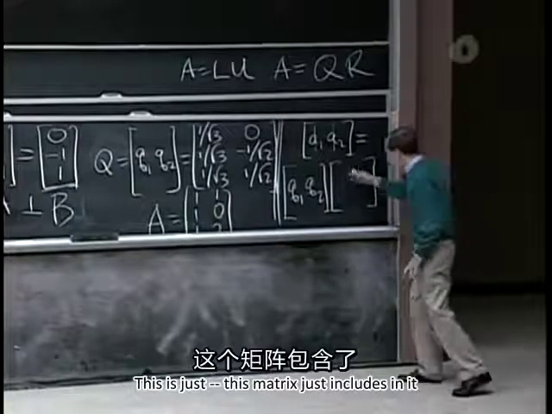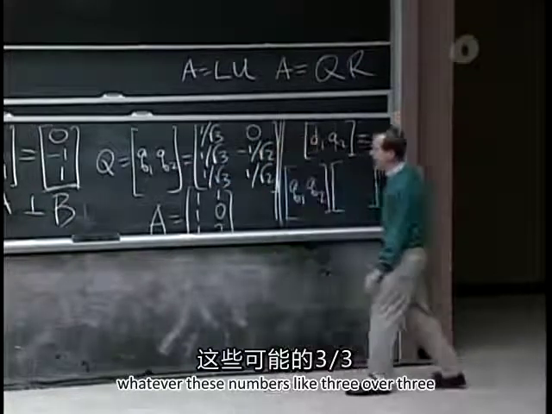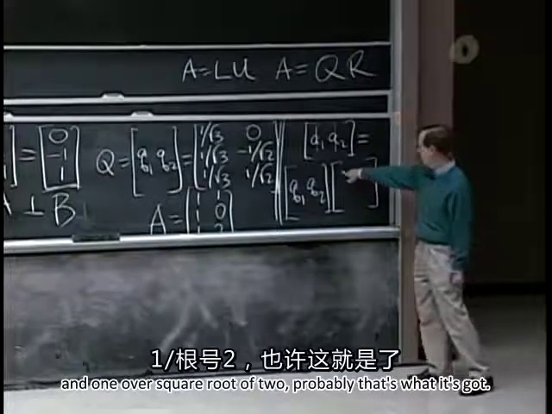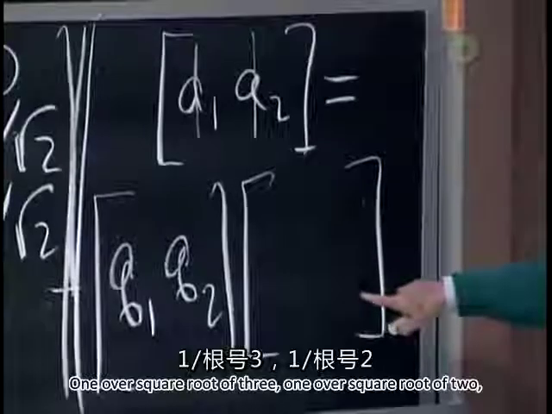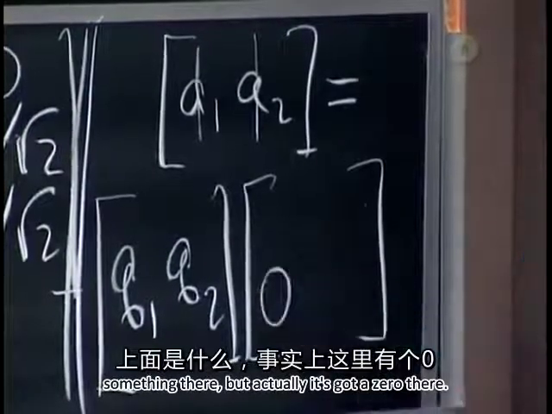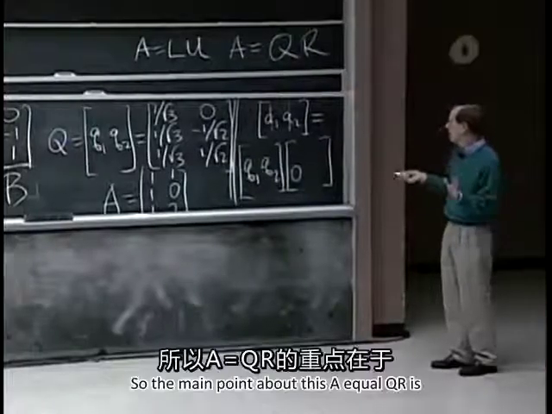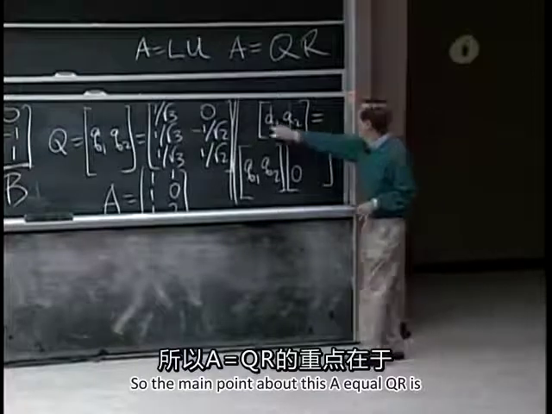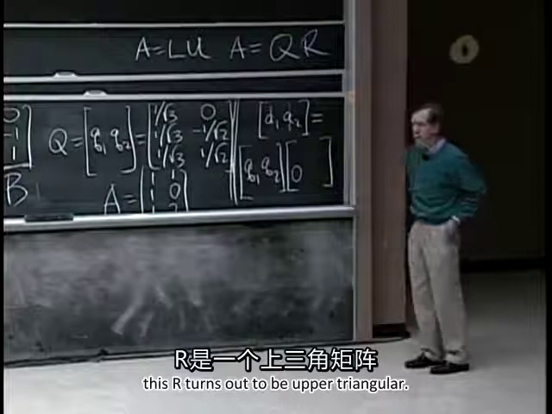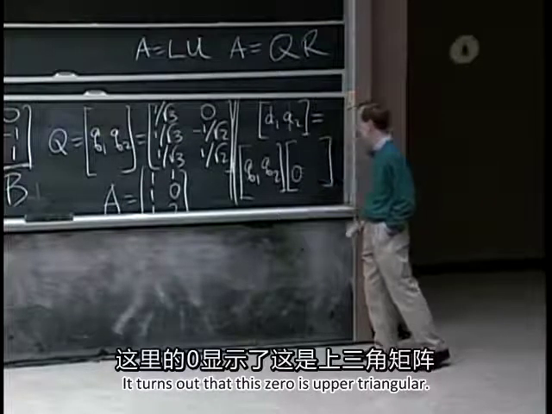This matrix just includes whatever these numbers are, like 1 over square root of 3 and 1 over square root of 2. Probably that's what it's got. 1 over square root of 3, 1 over square root of 2, something there. But actually, it's got a 0 there. So the main point about this A equals QR is that this R turns out to be upper triangular. It turns out that this 0 makes it upper triangular.